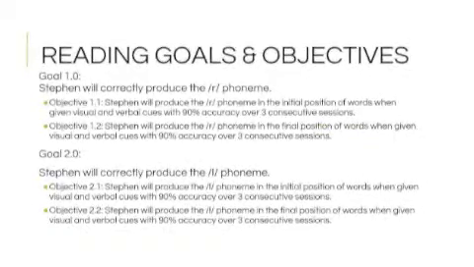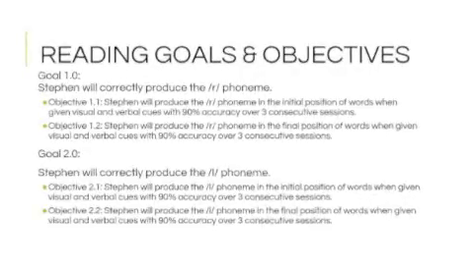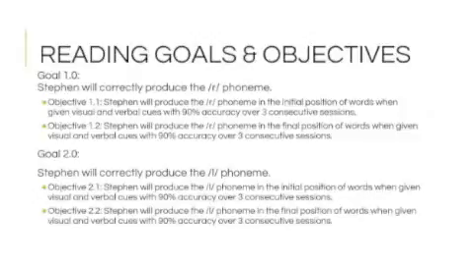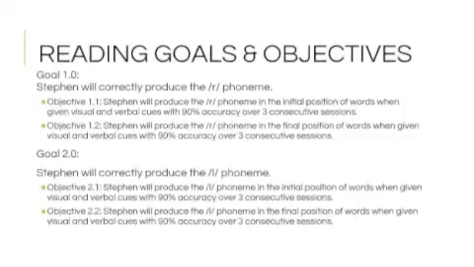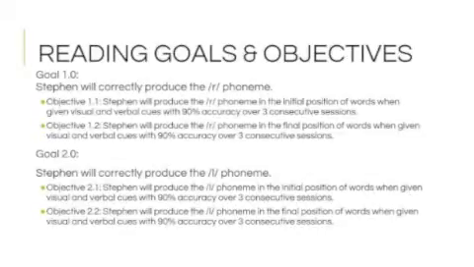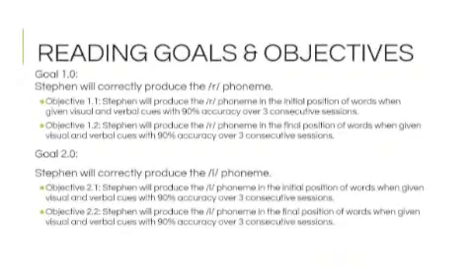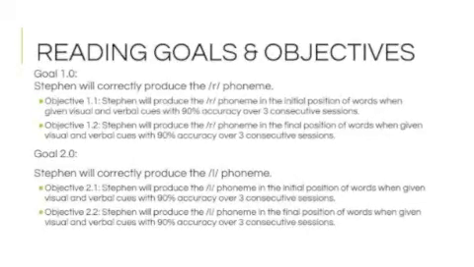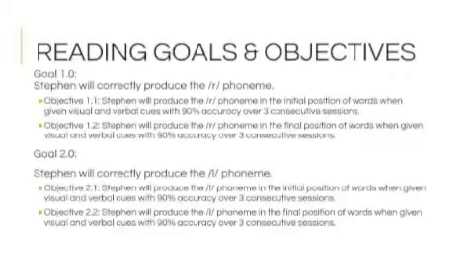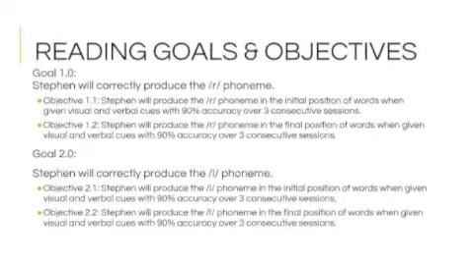Our first objective will be for Stephen to produce the R phoneme in the initial position of the word when given visual and verbal cues with 90% accuracy over 3 consecutive sessions. We will be giving him a multitude of visual and verbal cues throughout the activity. And the second objective is the same but with the final position of the word.